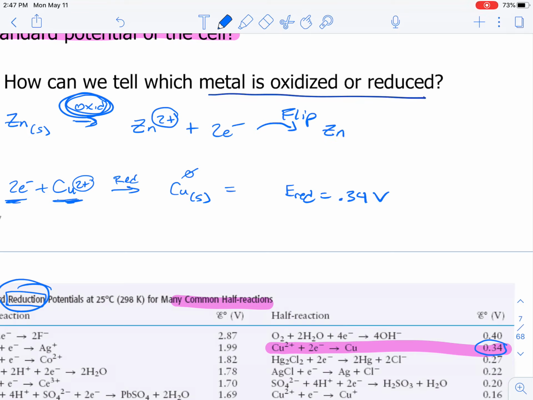This is zinc 2 plus and 2 electrons to produce zinc solid. We're going to use this equation to temporarily find the reduction potential of this half reaction.